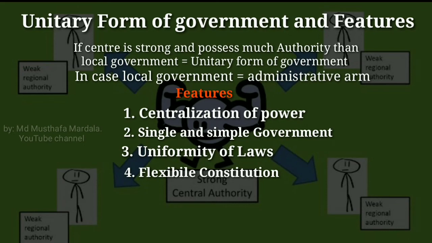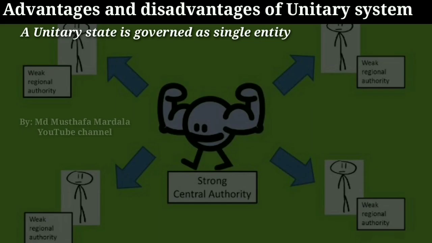But a unitary form of government does not require any such thing. It can adopt a flexible constitution which could be changed according to changing circumstances. Because of the absence of local government and the presence of a strong central government, it lacks local level control on it. A unitary state is governed as a single entity in which the central government is ultimately supreme.